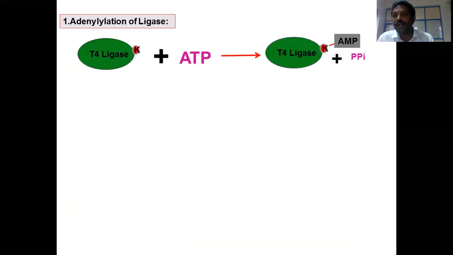The first step I told you is adenylation of ligase. Ligase requires ATP and magnesium as the cofactor to establish the phosphodiester bond. In the presence of ATP, the ligase molecule attacks the alpha phosphorus of ATP and releases the pyrophosphate, and it is adenylated through the lysine molecule.